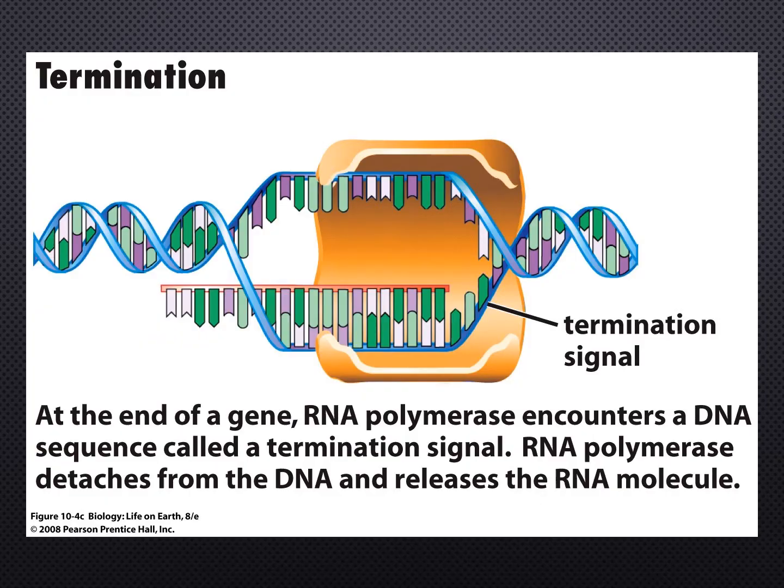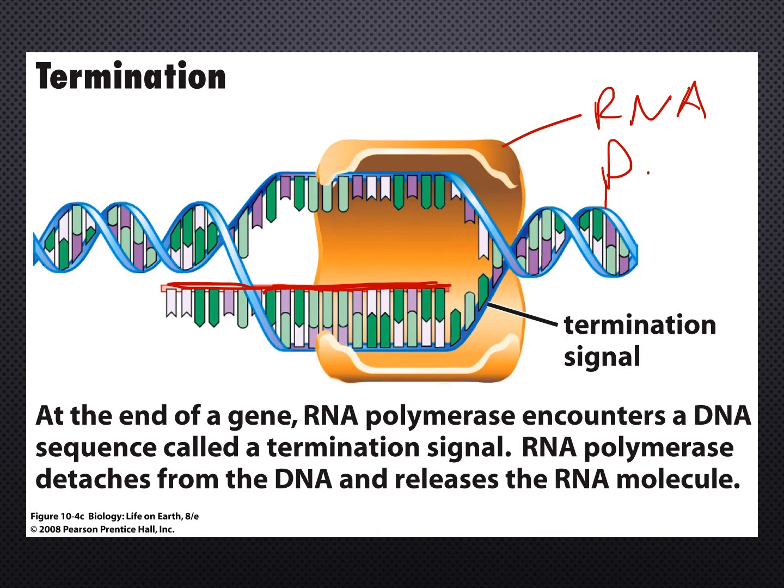Termination. So termination, basically, we're done. We reached the end of the sequence in the DNA, and the messenger RNA, this strand that has been synthesized here, is going to disengage from the DNA. RNA polymerase right here is going to disengage from the DNA.